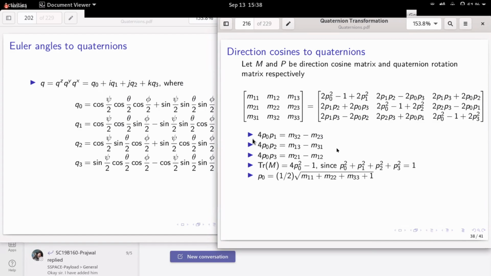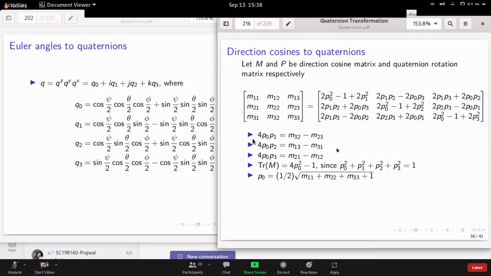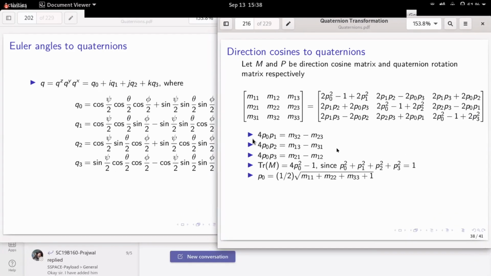One of your exercises will be, later on we will come to that, what is the axis and angle represented by minus cos theta, minus u sin theta. Okay, so later on we will look at that. That is where you can actually eliminate one of the negative values here.